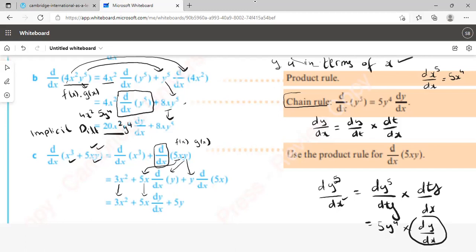Now this dy/dx, you could have said that, ma'am, why are we not using the chain rule here? Because this dy/dx is already simplified. You cannot simplify it further. In this case, we had to differentiate y to the 5.